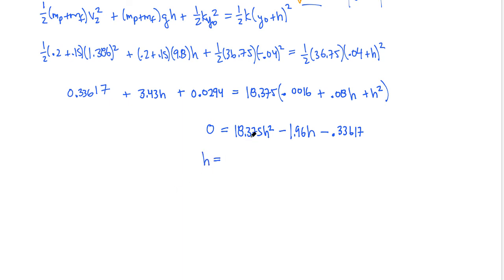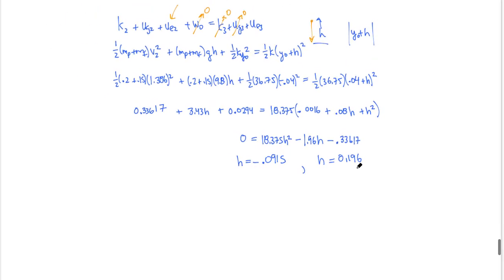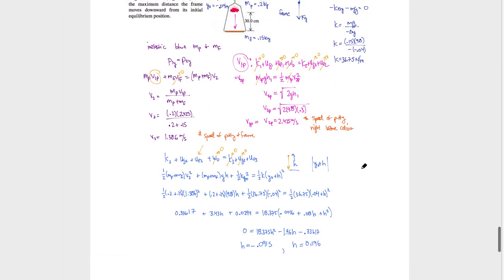Those values are negative 0.0915 and 0.196. All right, so the question is, which of these two is the correct one?